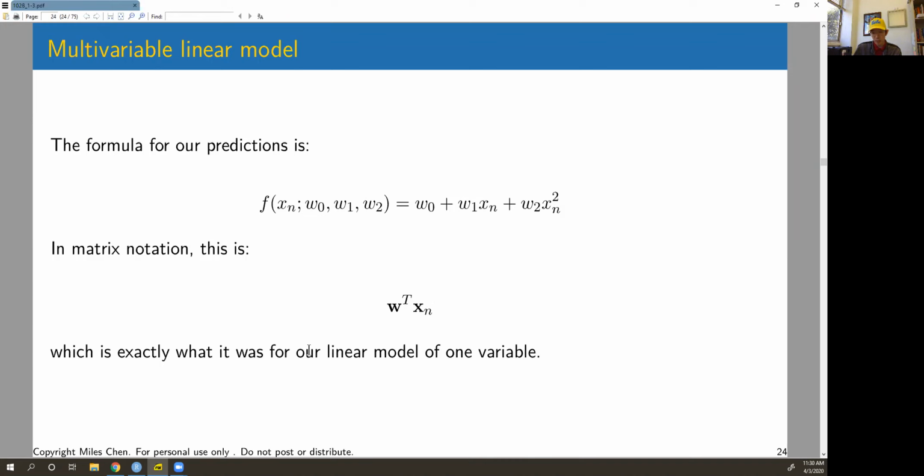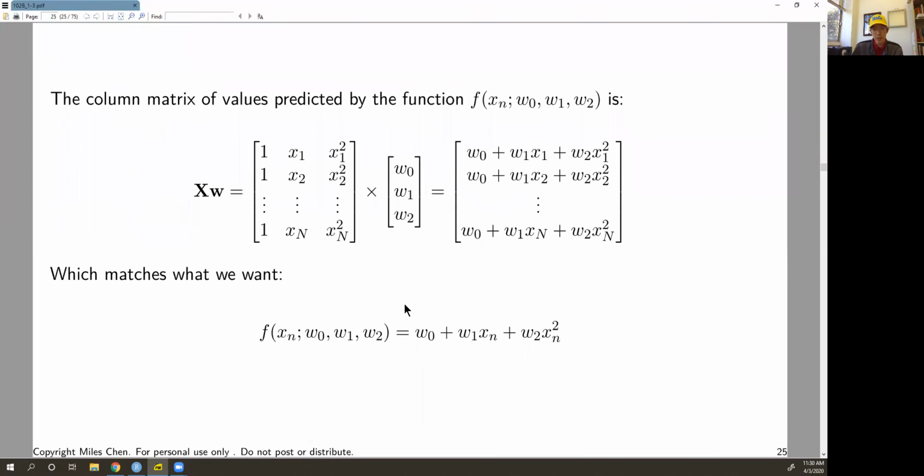When we were thinking of our linear model without the quadratic term, your predicted value was also W transpose xn. The column matrix of predicted values can be expressed as just taking the matrix X multiplied by W. The matrix X, again, is n by 3.